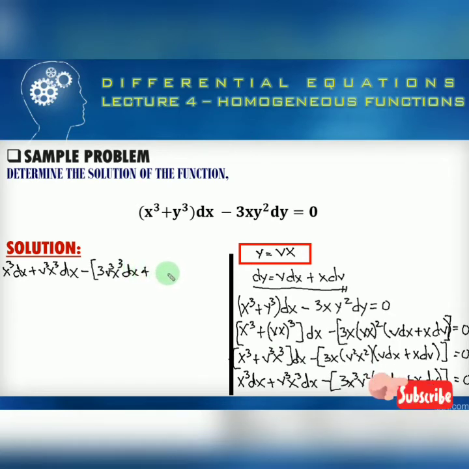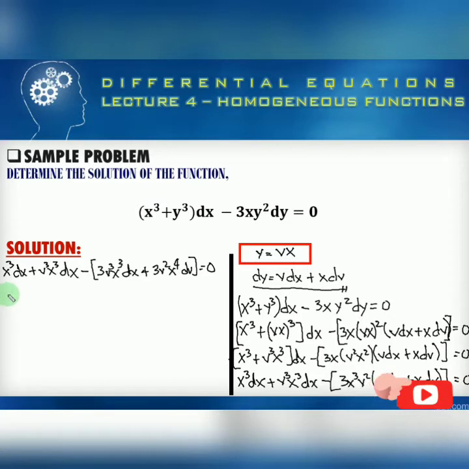3b squared times this x to the fourth, then this is db bracket is equal to 0.